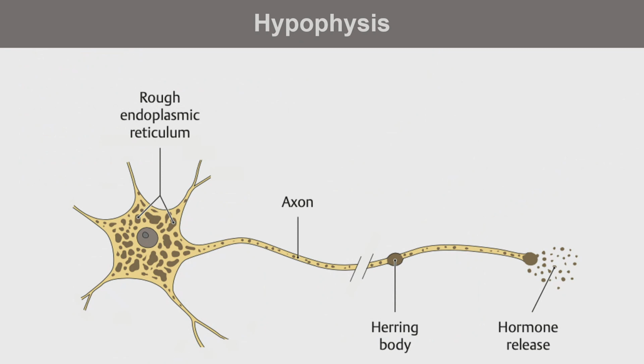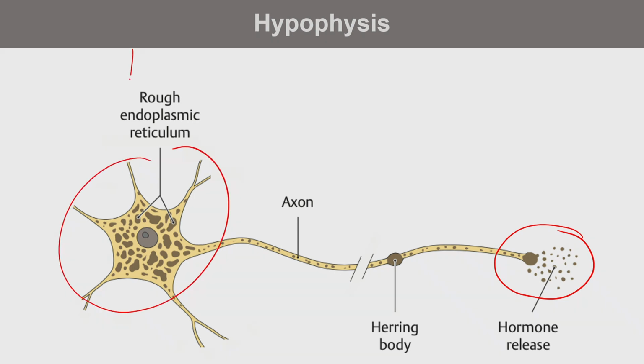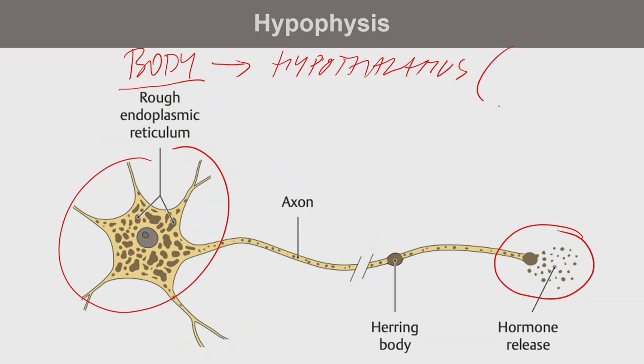In the hypophysis, in the posterior lobe, we can observe the production of hormones. This is a body, and the body of a neuron is localized in the hypothalamus. It could be the supraoptic nucleus, or it could be the tuberal nucleus.